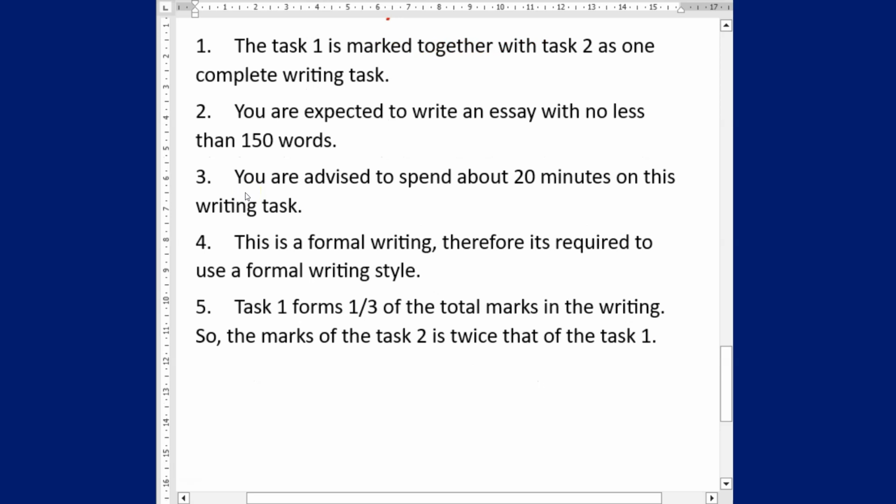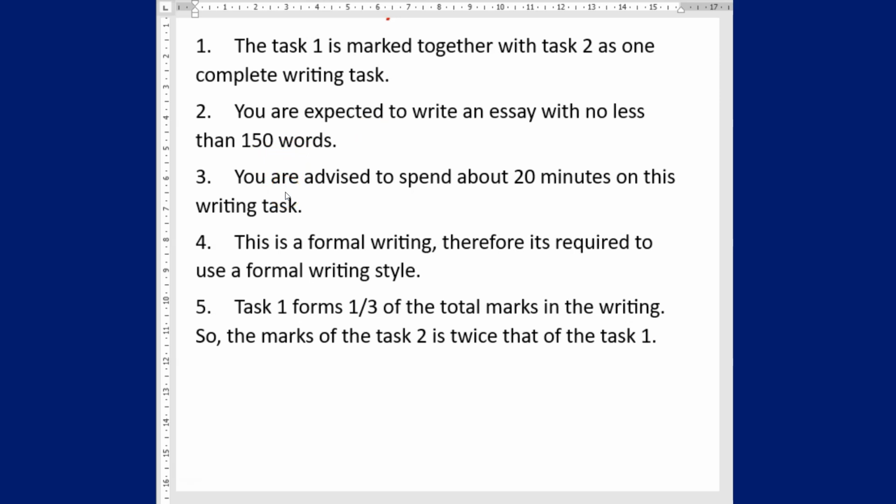So make sure that your essay has more than 150 words. You are advised to also spend just 20 minutes on the writing task one. So at most 20 minutes should be spent on this task. Okay, spend just 20 minutes on this task and don't write anything less than 150 words.